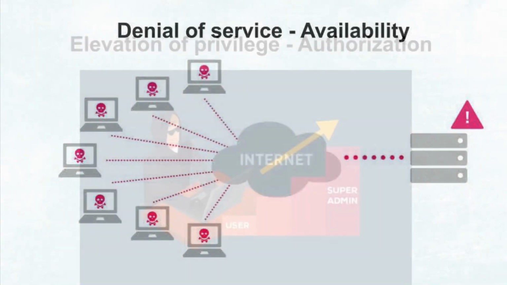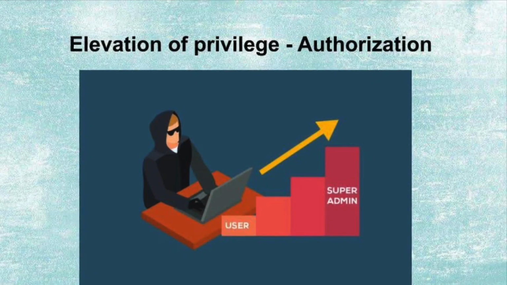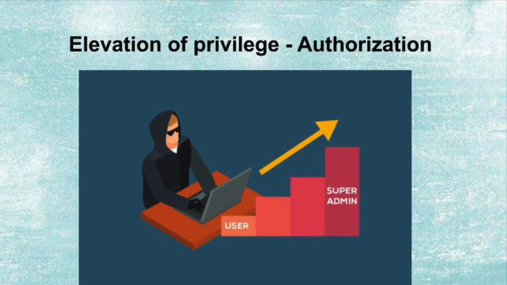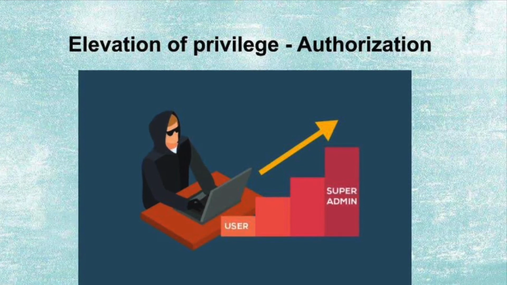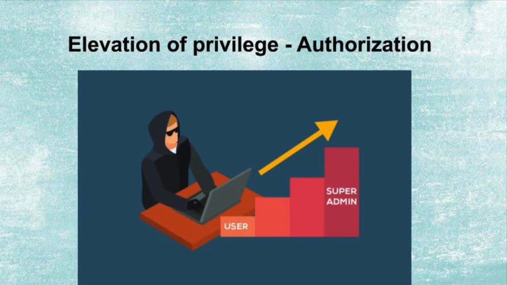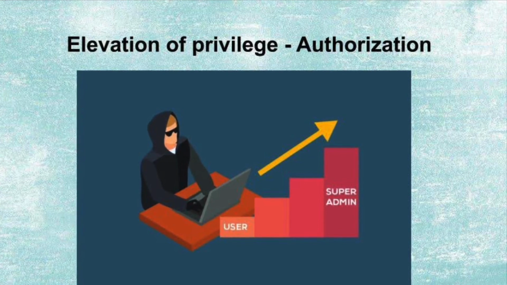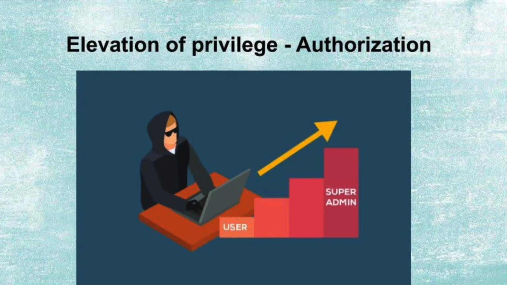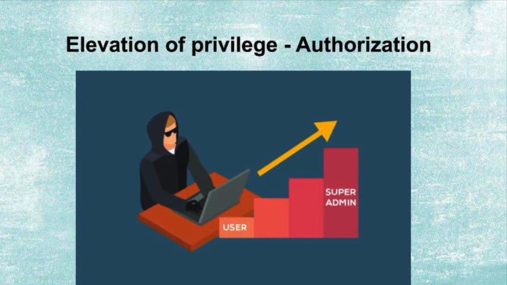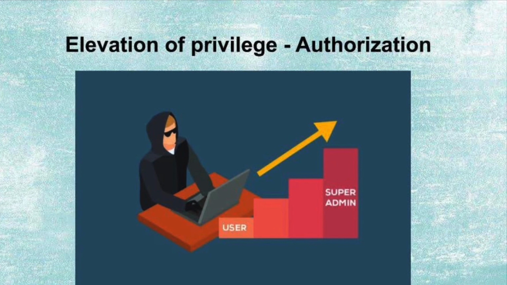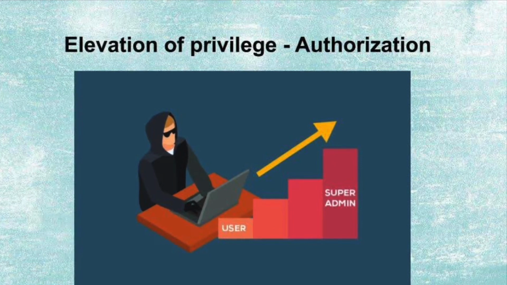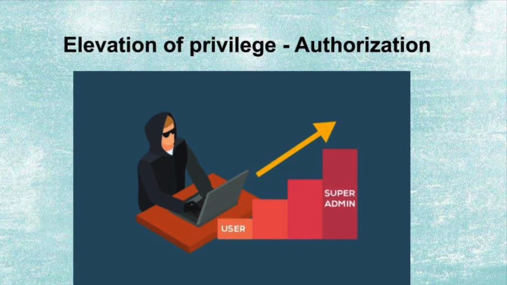The last one is elevation of privilege. As the name suggests, it means someone gains access to some actions which are not intended to be performed by him. For example, a customer gains access to admin rights. So now he can not only access the data but also modify it.